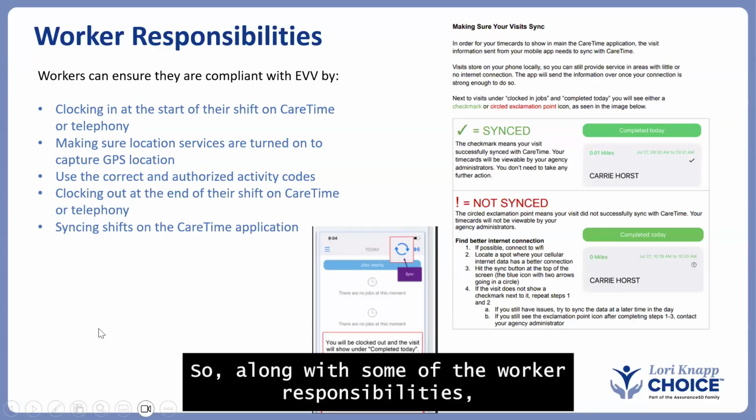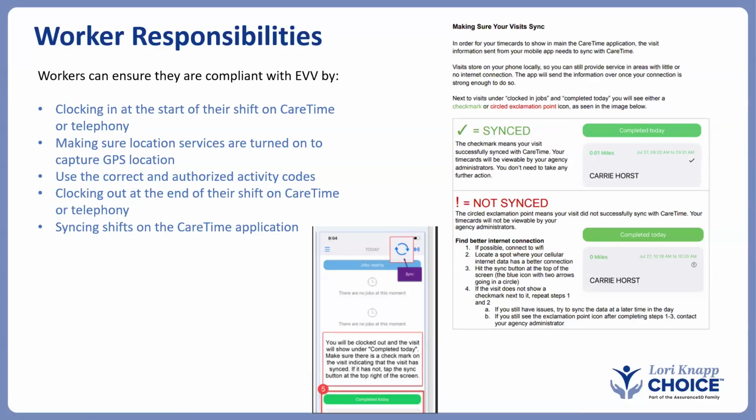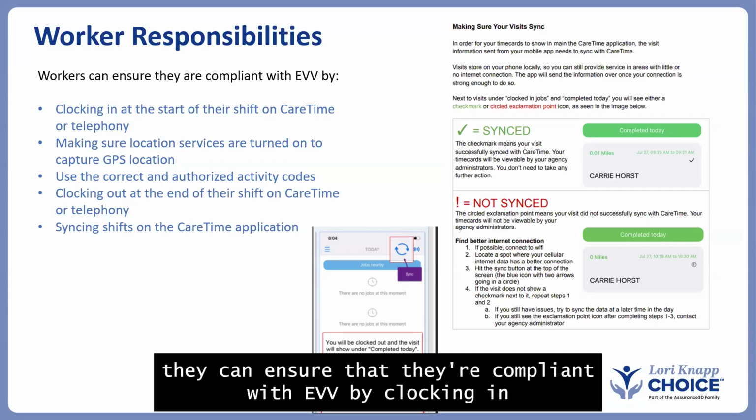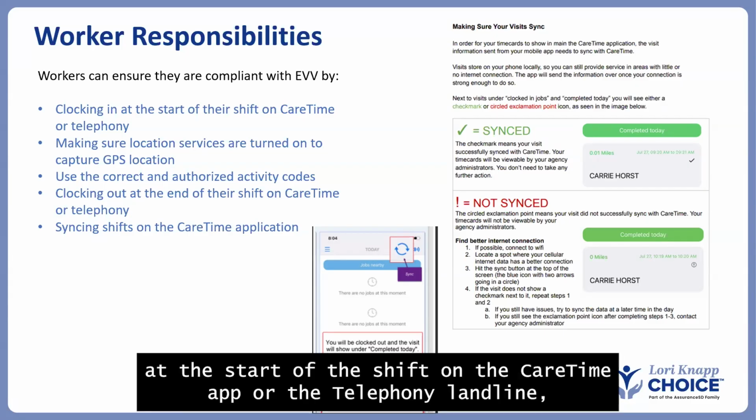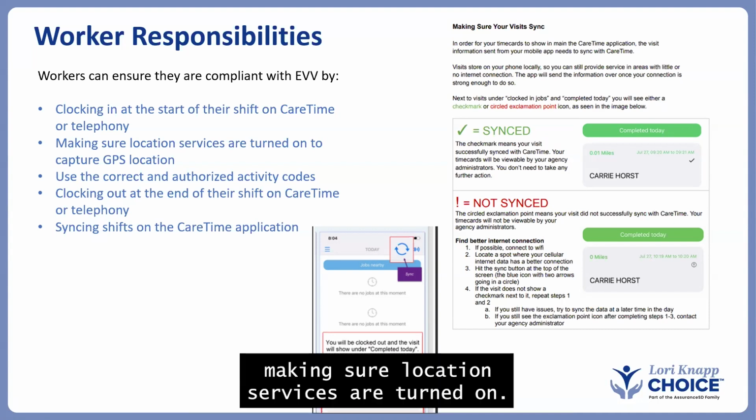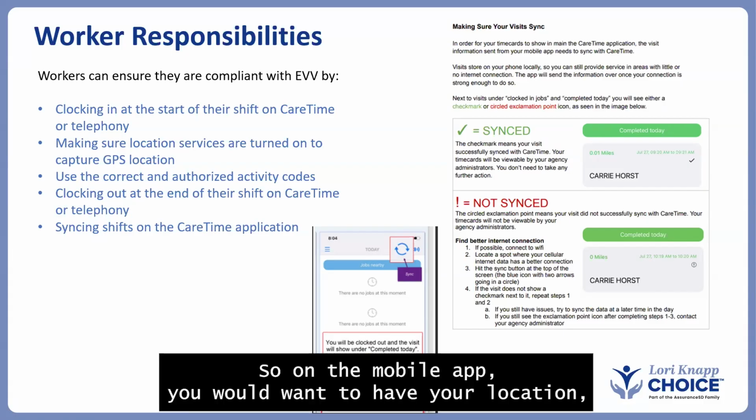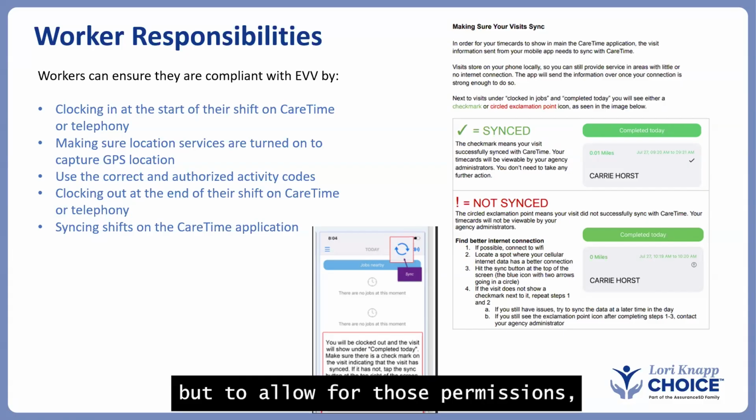So along with some of the worker responsibilities, they can ensure that they're compliant with EVV by clocking in at the start of the shift on the Care Time app or the telephony landline, making sure location services are turned on. So on the mobile app, you would want to have your location set to allow for those permissions.